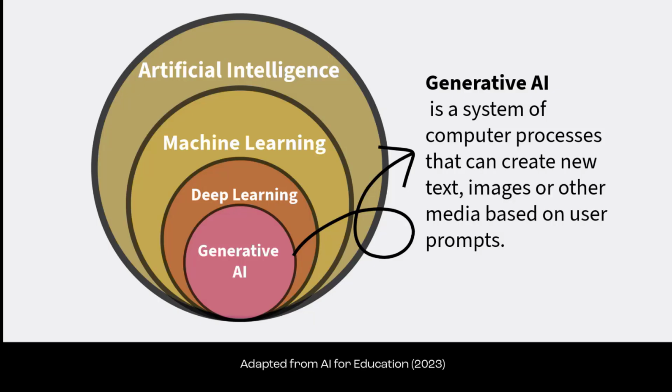Within that circle, we have machine learning, deep learning, and then in the center, the smallest circle is generative AI. So generative AI is just one type of artificial intelligence, one that has really rapidly grown over the past 2 or 3 years. And that is the area that we're going to be focusing on today.